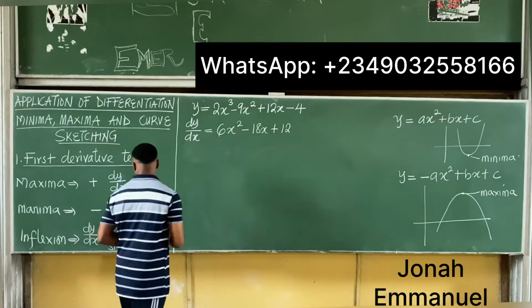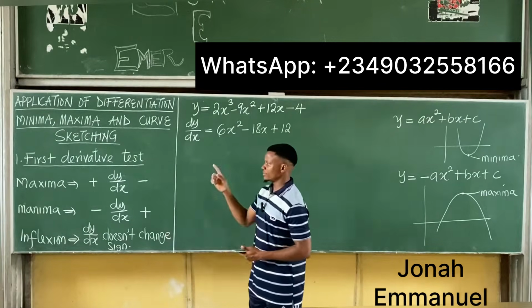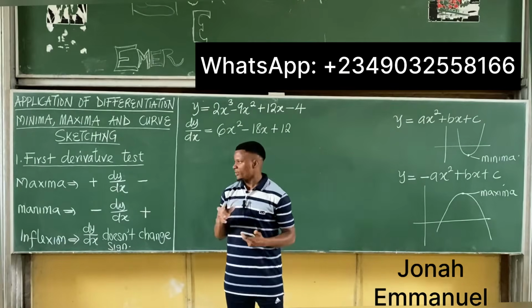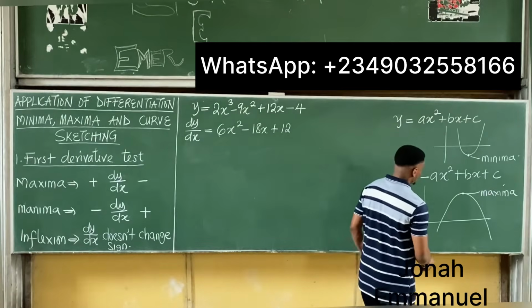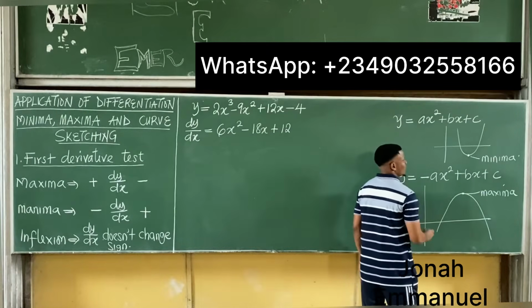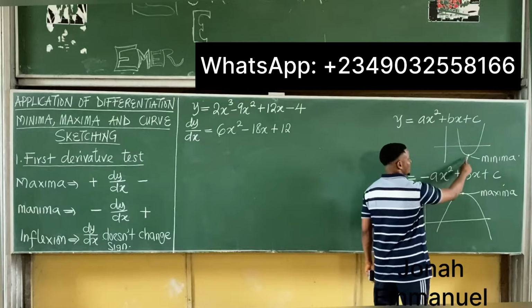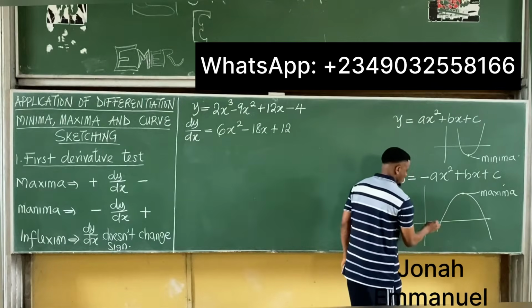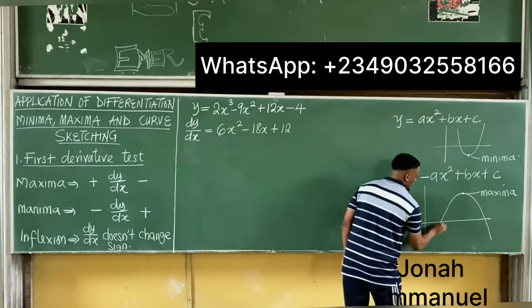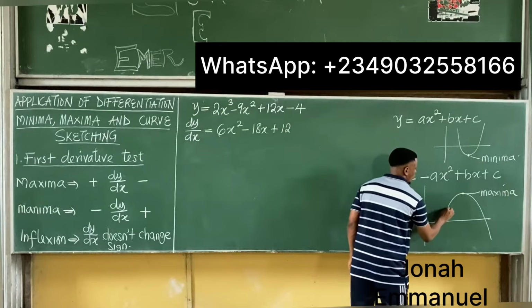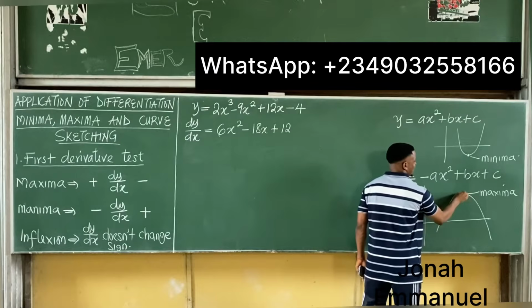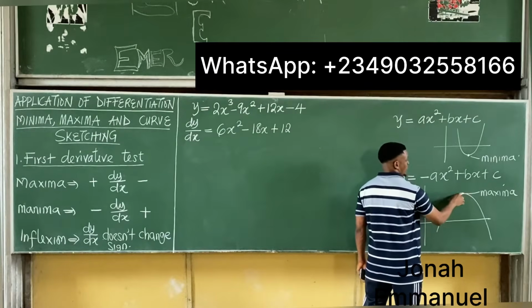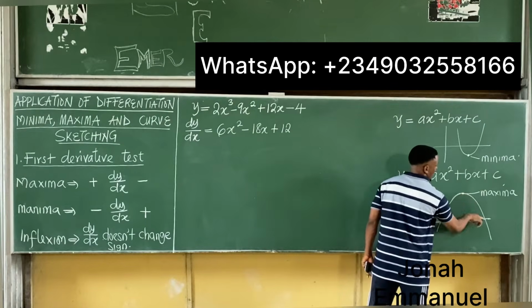Now, there's a critical thing about this topic. There's something called a turning point. If you look at these two graphs here, observe that before I have my minima and maxima, this curve kept going upwards at a slanted angle until it got to a point where it stopped. At this point, the curve stopped going upwards, then started descending downwards.